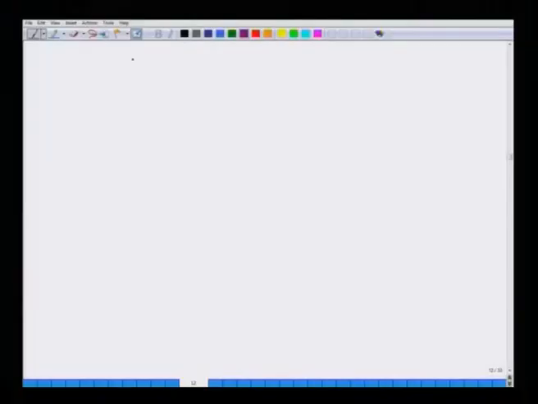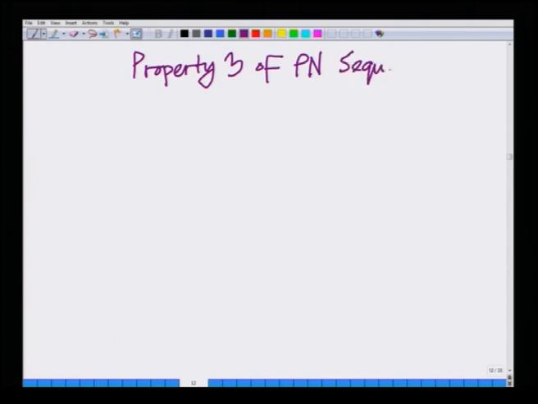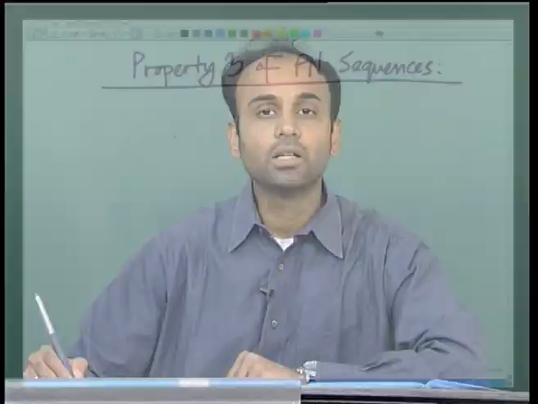So, let us look at property 3 of PN sequences, also known as the cyclic shift property.